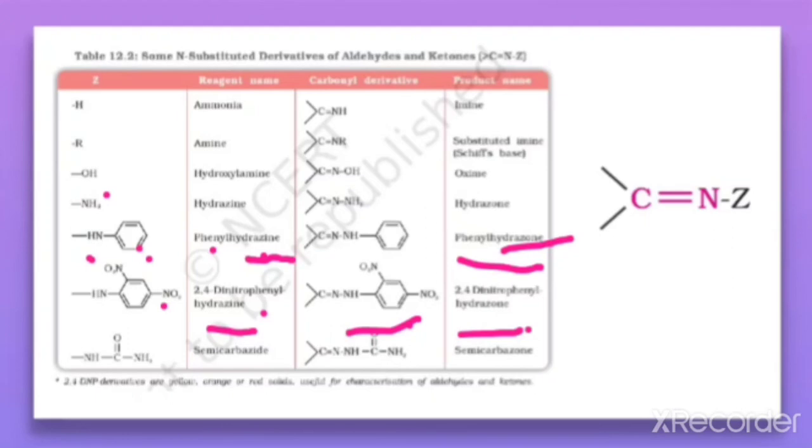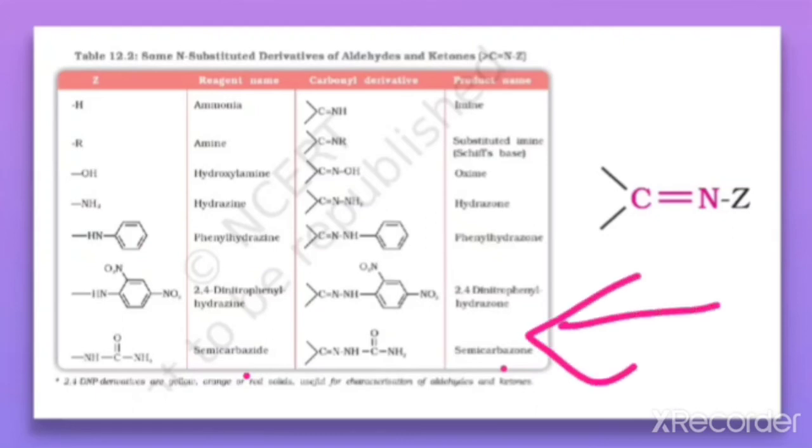And the last one is semicarbazide. That is the reagent, and when it reacts with aldehyde and ketone, it forms the product called semicarbazone. So this is the table which is actually given in the textbook.